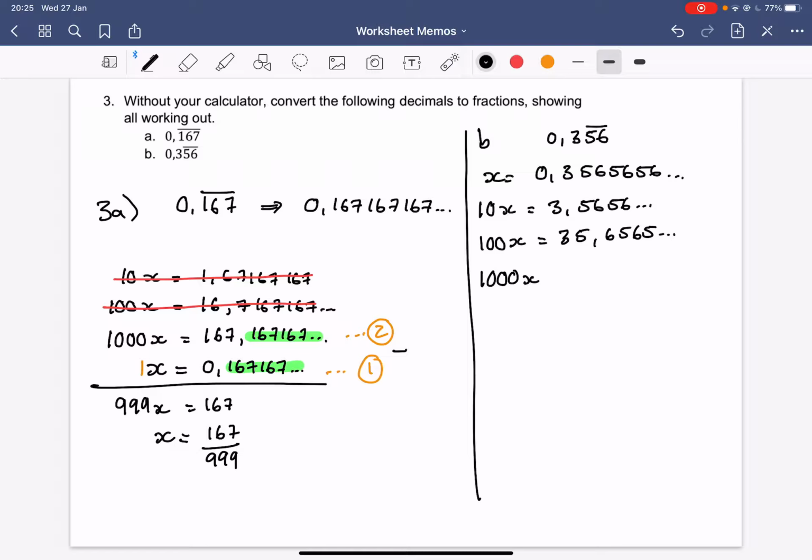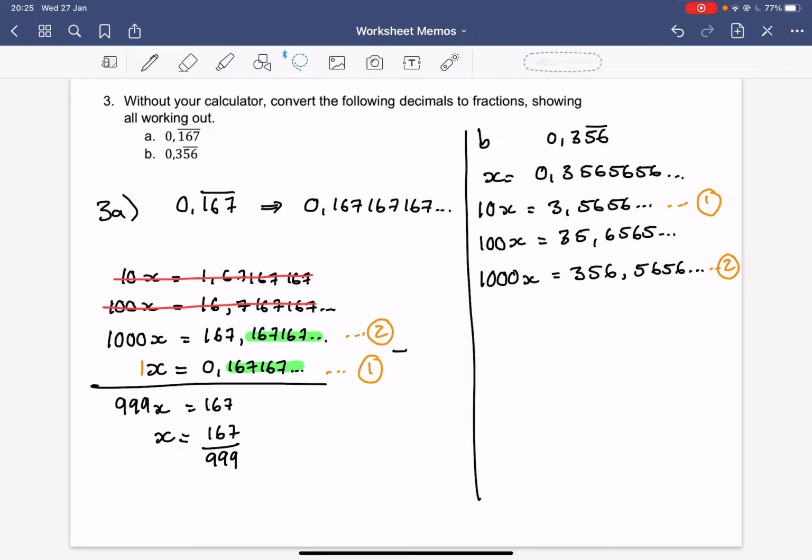So if I take 100x times by 10, my decimal is going to move 1 point. I'm going to get 356.5656. Okay, now this is the same as this. So I can make this equation 1, this equation 2.